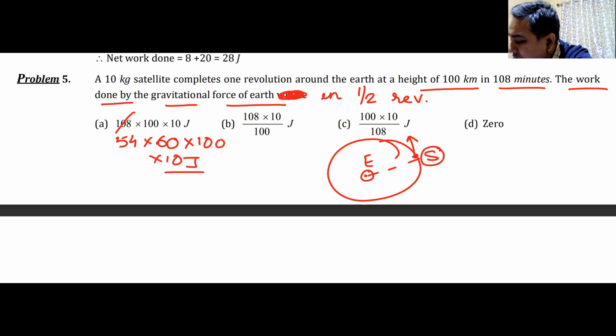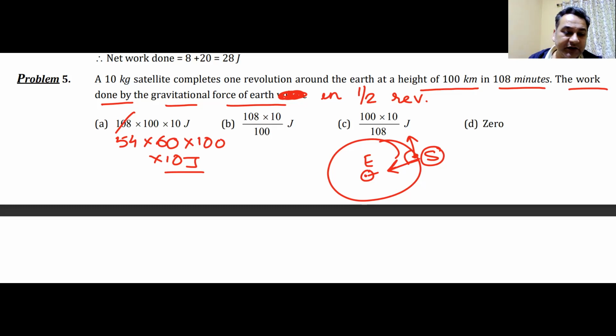Now, this centripetal force is always directed towards the center, which is the center of Earth. And the angle between them is 90 degrees. Remember, in circular motion, work done by centripetal force is zero. Did we remember it? That is why I told you everything about centripetal acceleration. Here also, gravitational force is the centripetal force.